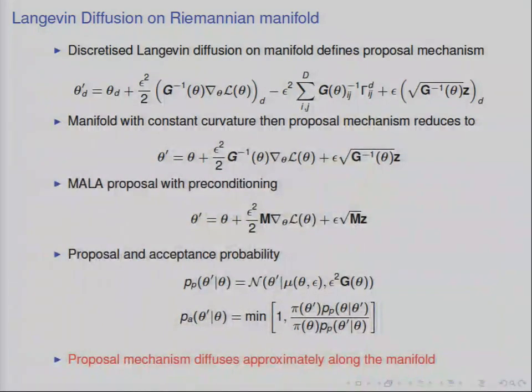So in other words, the proposal mechanism now diffuses approximately along the manifold. So if you remember my little pretty poor cartoon of the manifold, it's too early in the morning to put any effort into that.